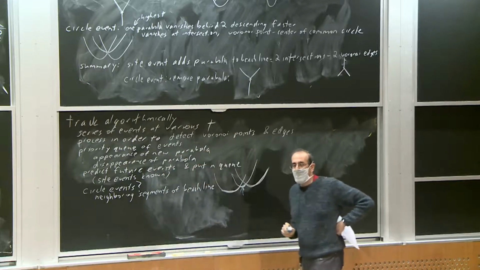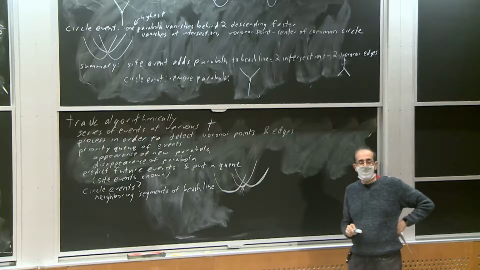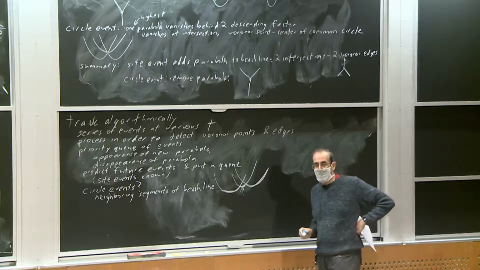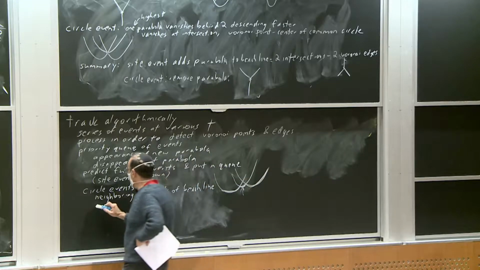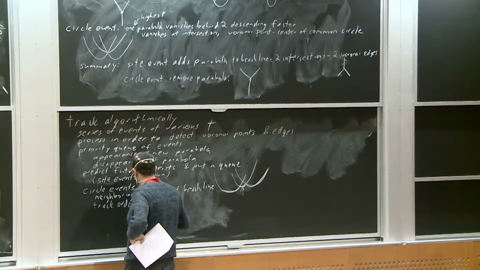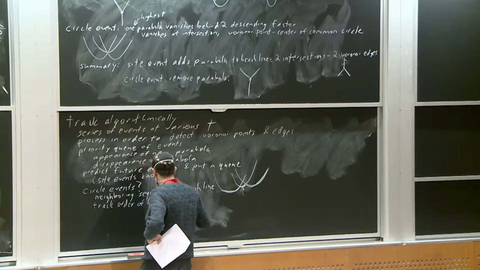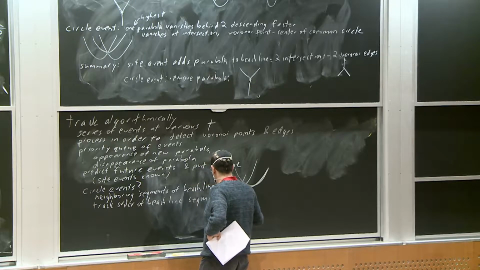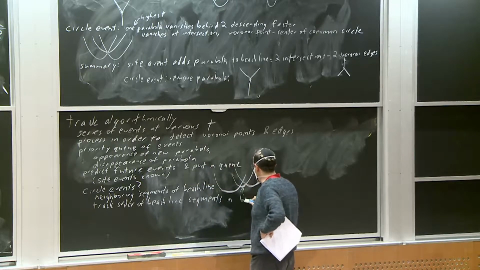So, in order to detect these circle events before they happen, when we still have time to put them into the priority queue, what we will do is track the order of the beach line segments in a binary tree.